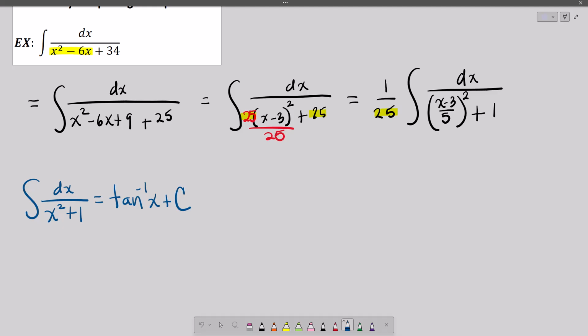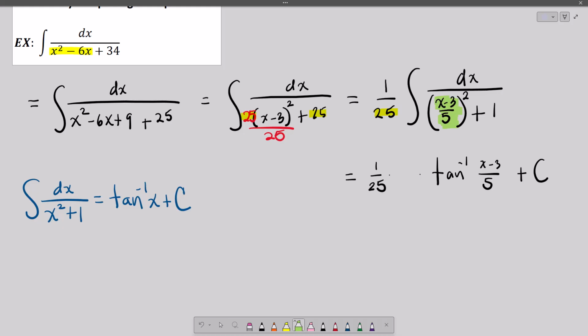So let's do that. So this is going to be 1/25. I'm going to leave a little space for the reverse chain rule. This will be inverse tangent of x minus 3 divided by 5 plus a constant. And what is the derivative of that? 1/5.